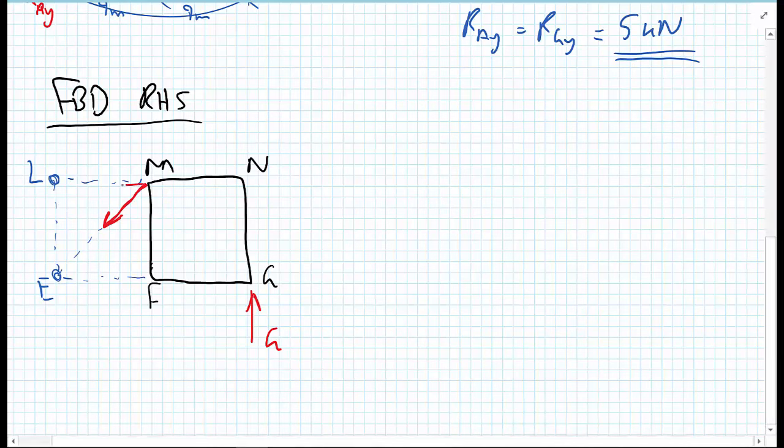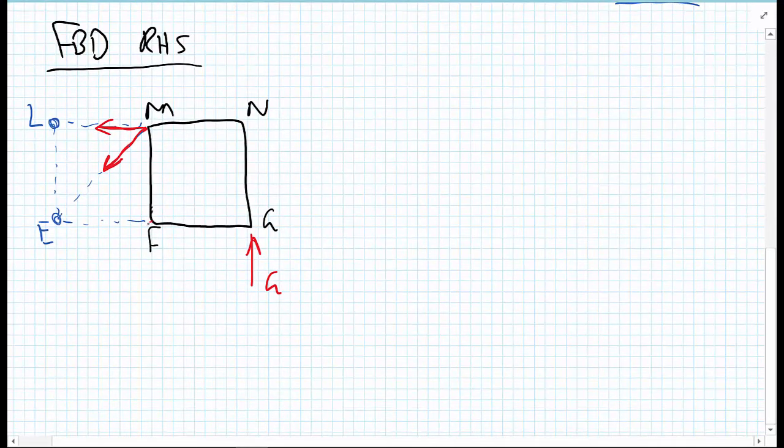We also have a force going from M, acting in the direction to L, and we have a force at F in a horizontal direction, acting along the direction EF. And we're presuming this is tensile.